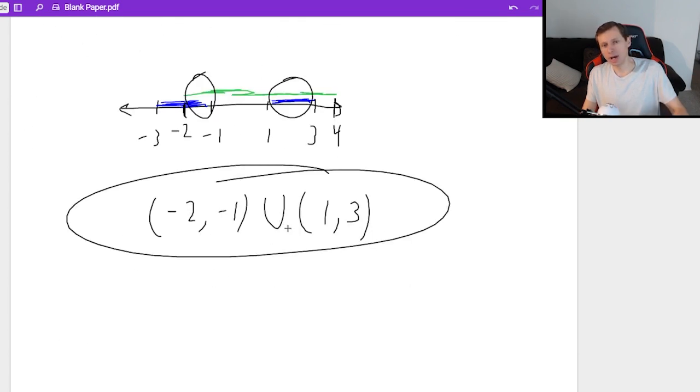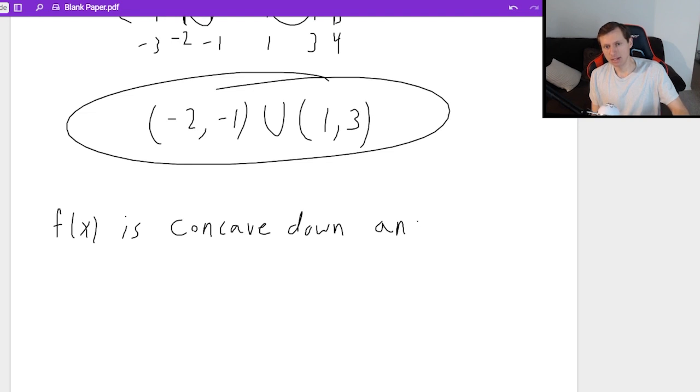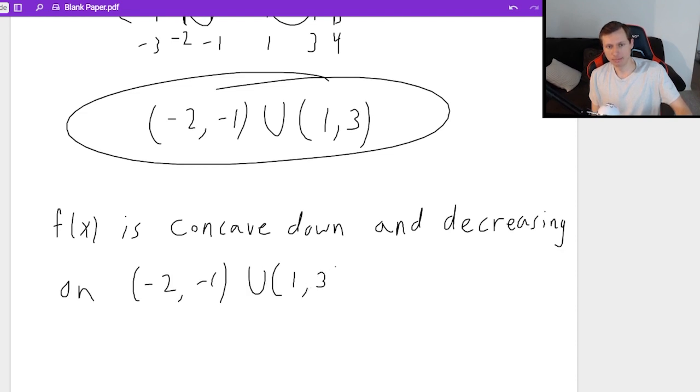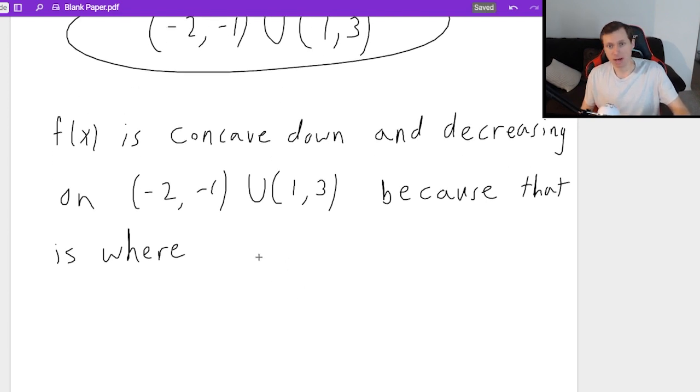So the reason why this is our answer, we would say f of x is concave down and decreasing on negative 2 to negative 1 in union with 1 to 3 because that is where, and now I'm going to reference f prime of x because that was the graph we were given, I'm going to say that's where f prime of x had a negative slope.